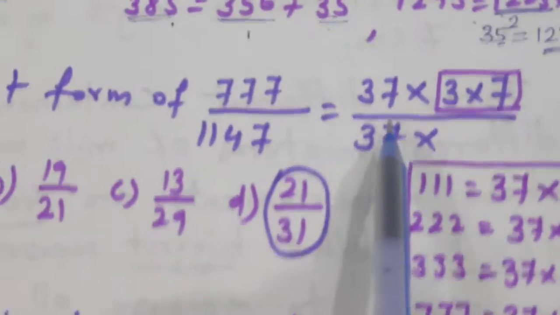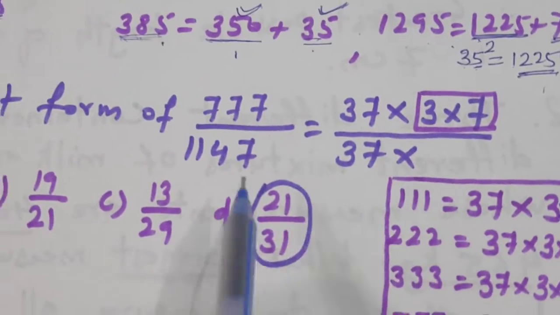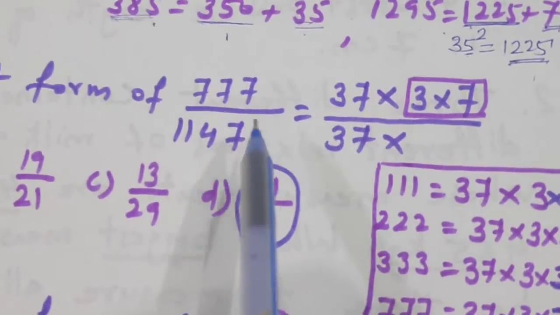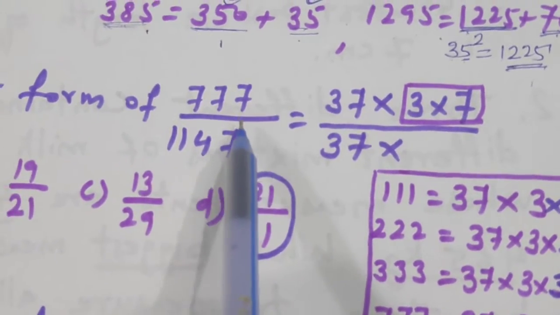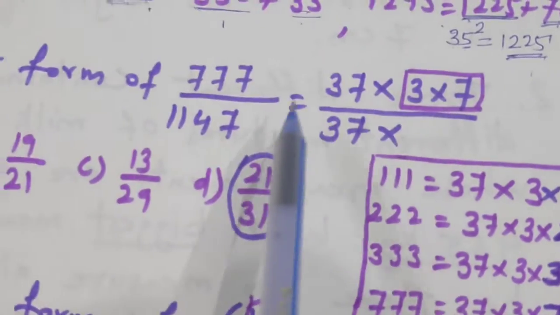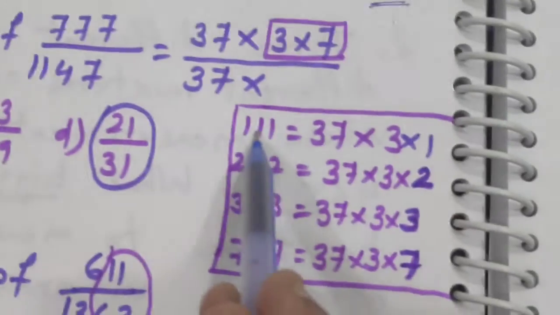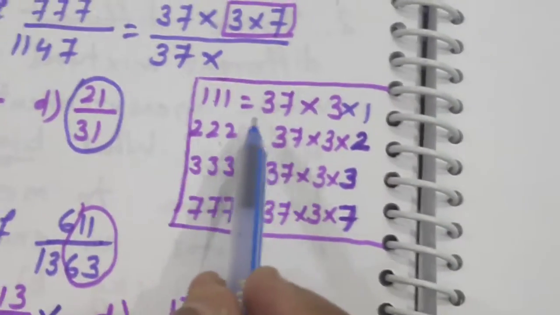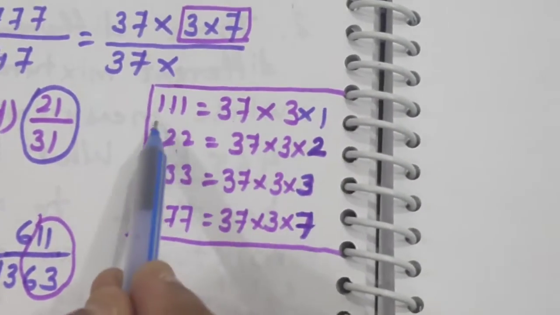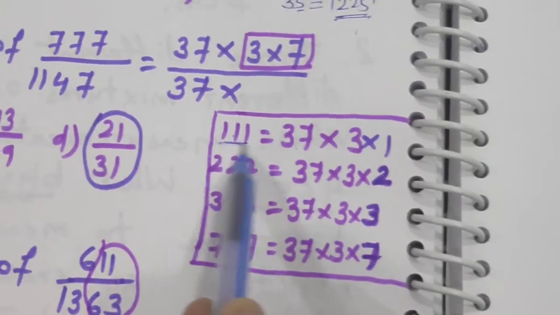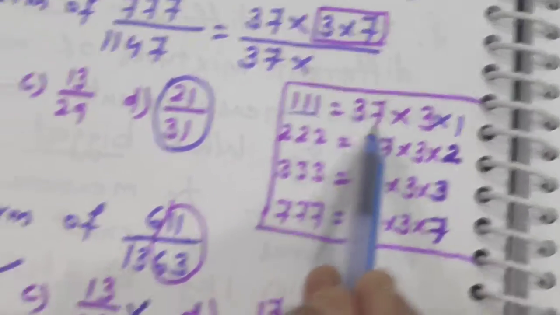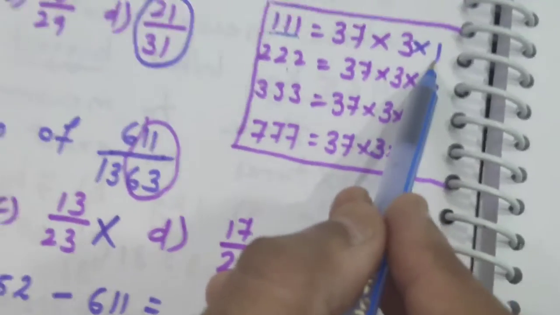I have not learned this by rote, have I? This is the most favorite question of any competitive exam. Why? Because here we are having very typical factors of this kind of number. Wherever there is triple 1, the factors are 37 multiplied by 3 into 1.